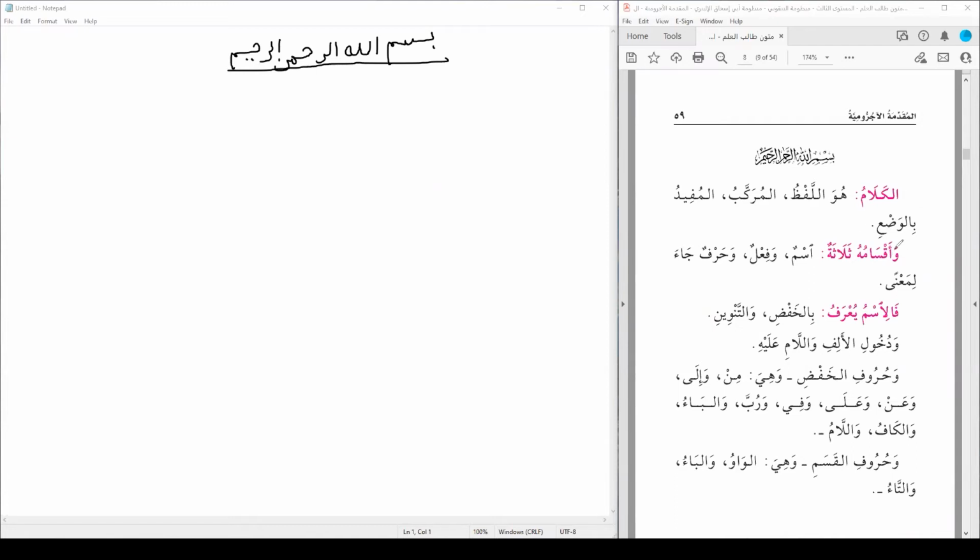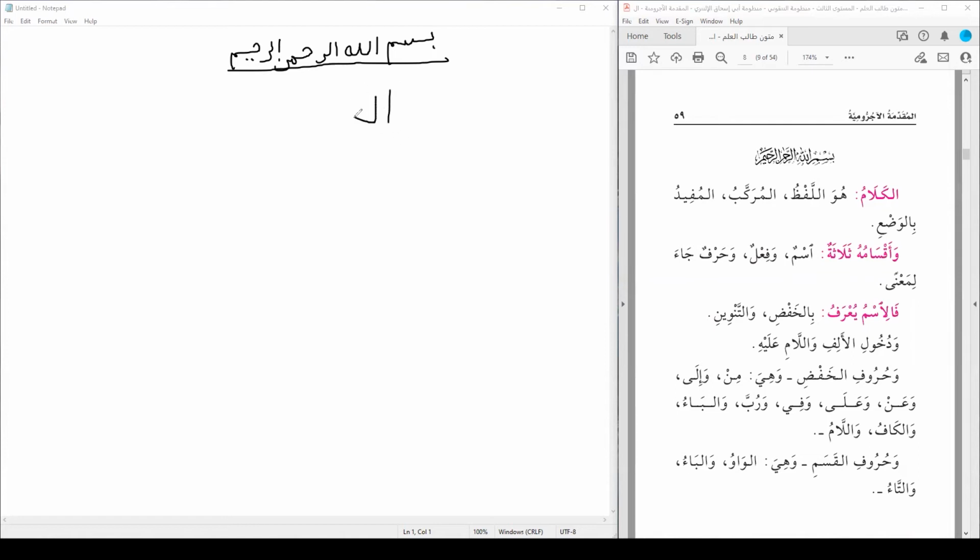So the author says, وَأَقْسَامُهُ ثَلَاثَةٌ اسم وفعل وحرف جاء لمعنى. And its types are three. Yani the types of kalam, that which kalam is made up of, is three types of things: an ism, a fi'l, a harf, جاء لمعنى.